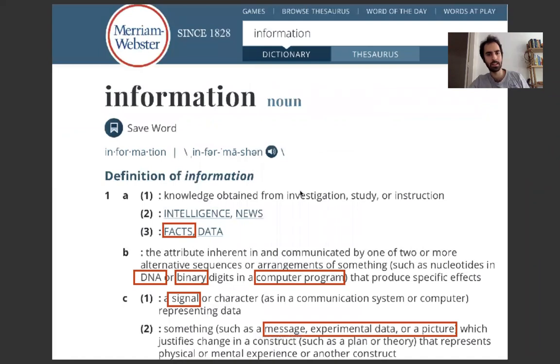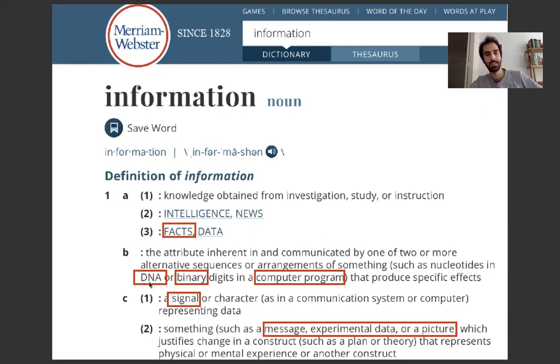Another thing that we can do is search the dictionary. This is the Webster dictionary definition I copied from an online version, and the definition of information is similar to Wikipedia's. It says knowledge obtained from investigation, study, or instruction. But it has some interesting words. Notice the word facts.